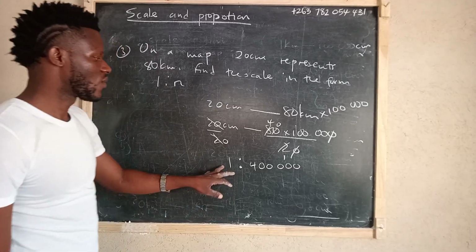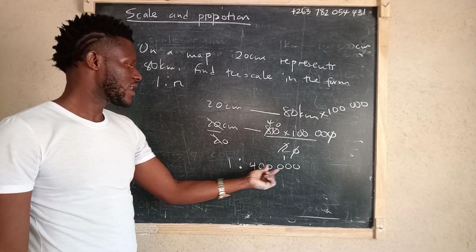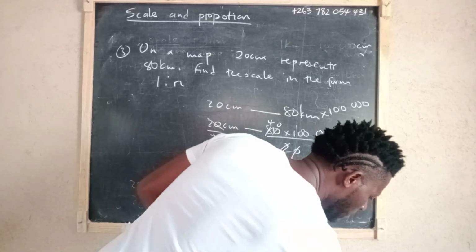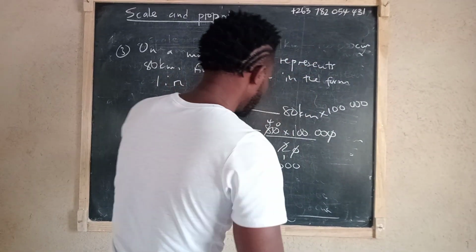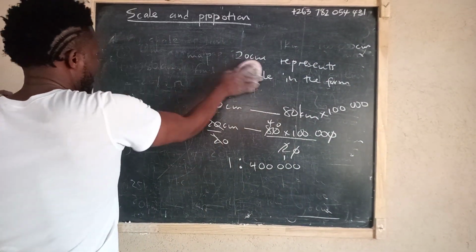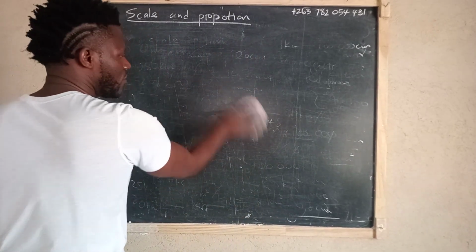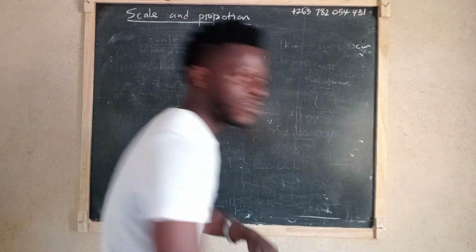So the scale is 1:400,000. That's the scale. So you must multiply the ground length by 100,000, but that is only if we are talking about centimeters and kilometers.